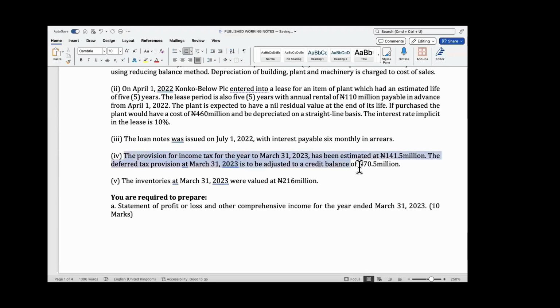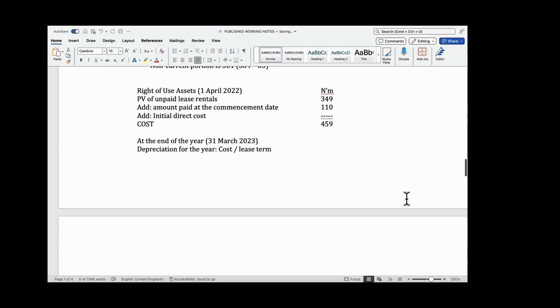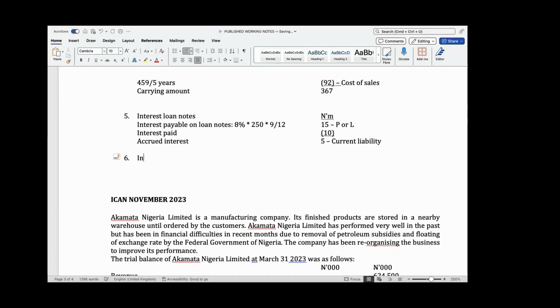Then provisions. So there's a current tax of 141.5 million. So let me set up my income tax.